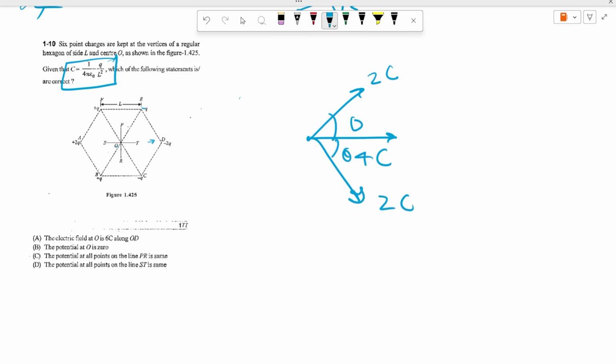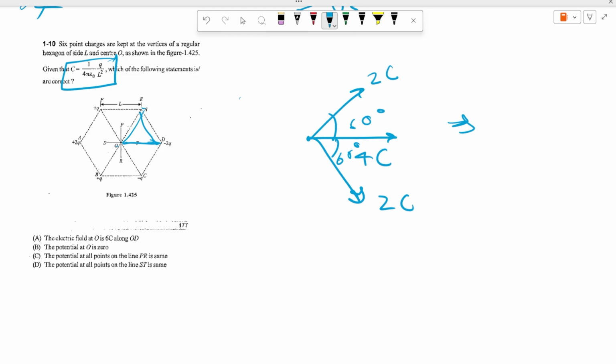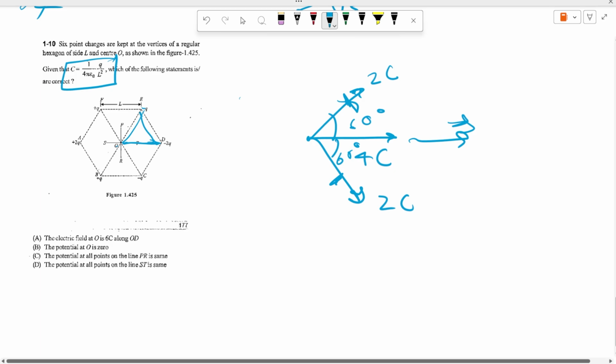The angle being the same. These are equilateral triangles, by the way, so we can just write it as 60 degrees and 60 degrees. What that essentially gives us is the sine components of this and this, both of them cancel out. So we just calculate for the cos component. Okay, yes, it is going to be true because cos 60 degrees is 1 by 2. So both of these become 1C and then it becomes 6C in total along OD.